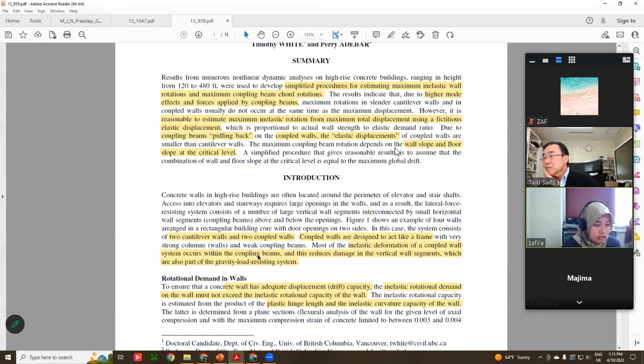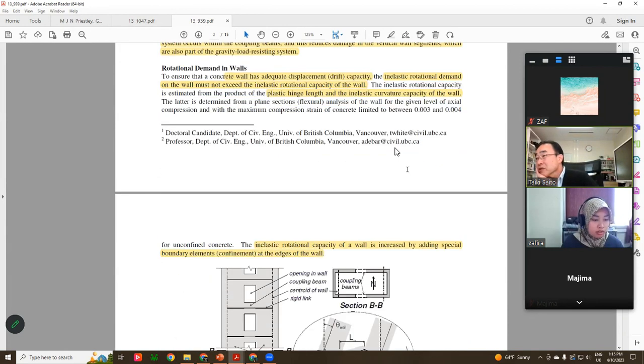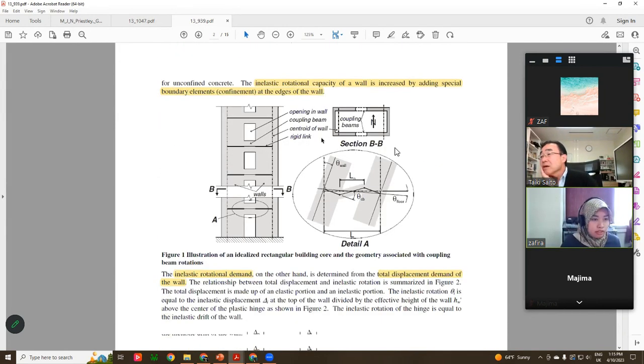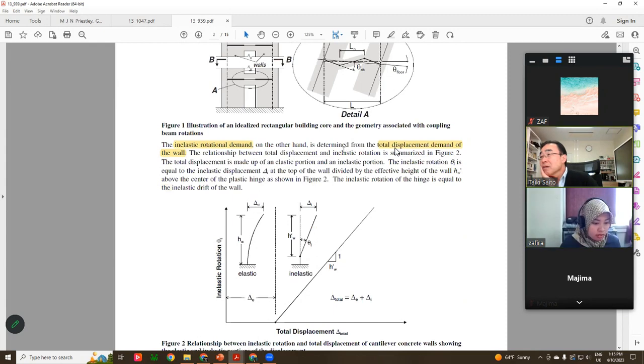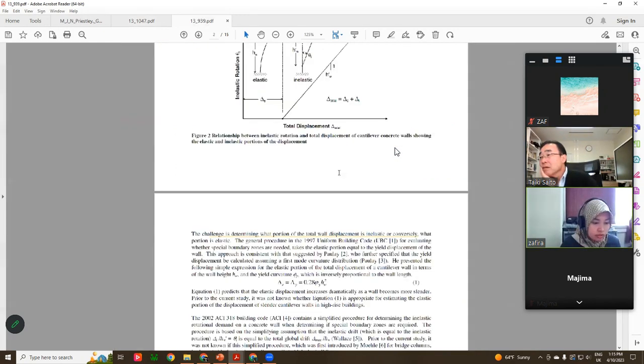It looks like a normal coupling beam. It doesn't say diagonal coupling beam. Only this. There's no more, only the section of the building.